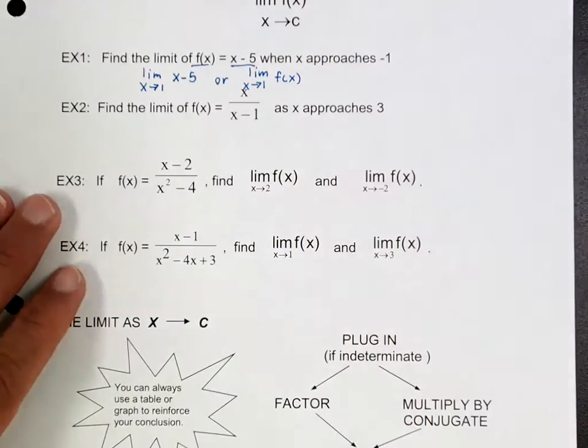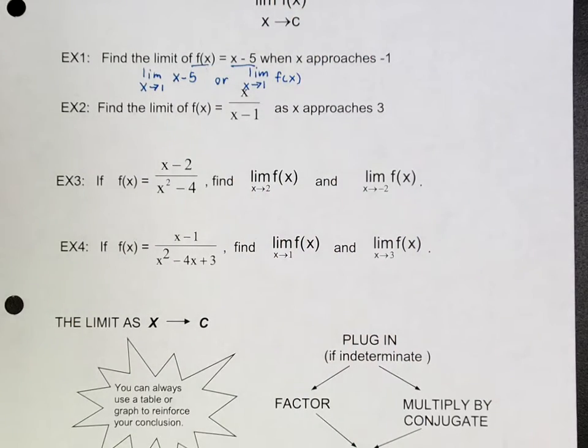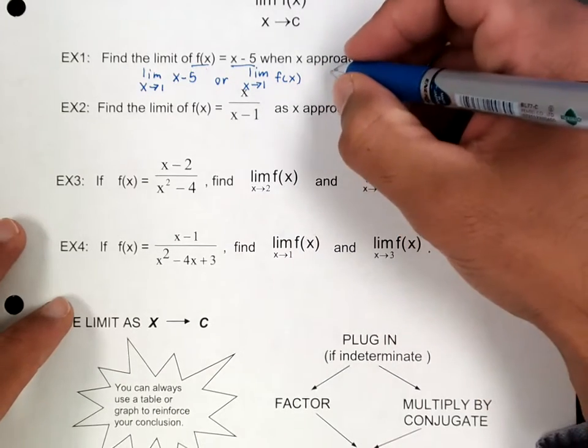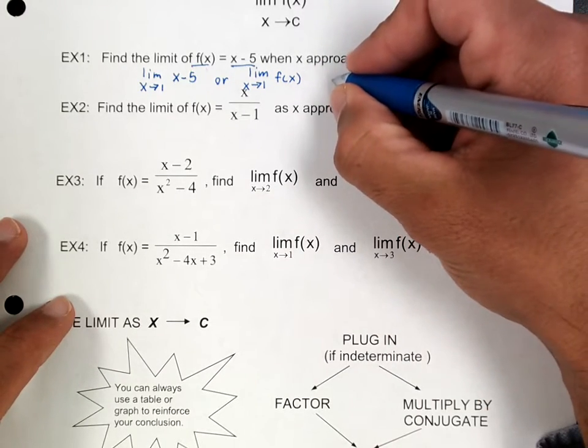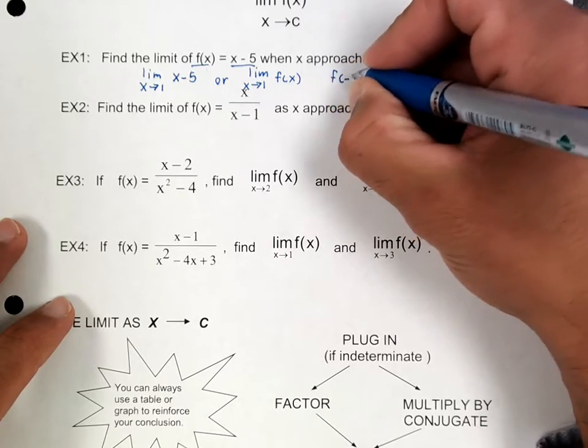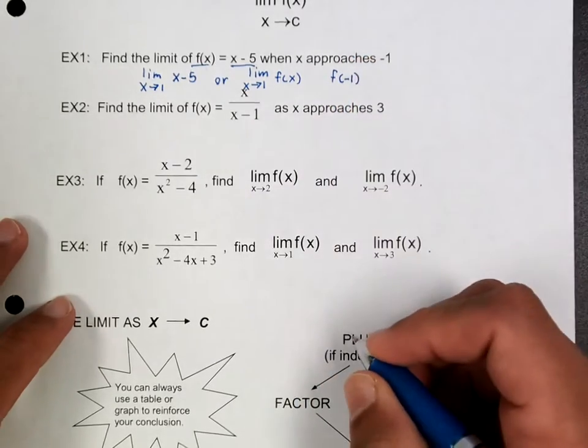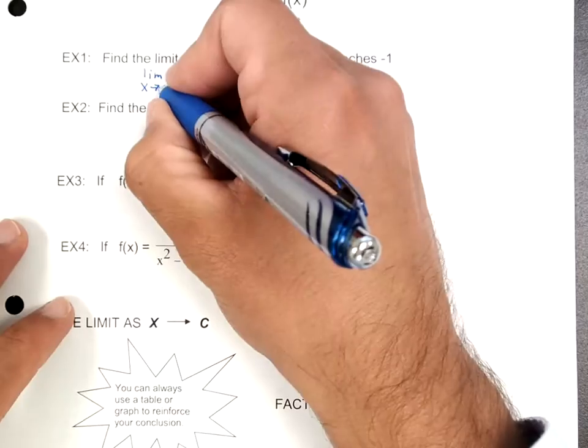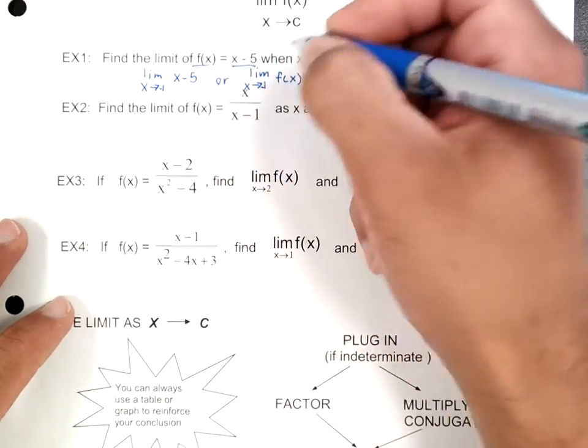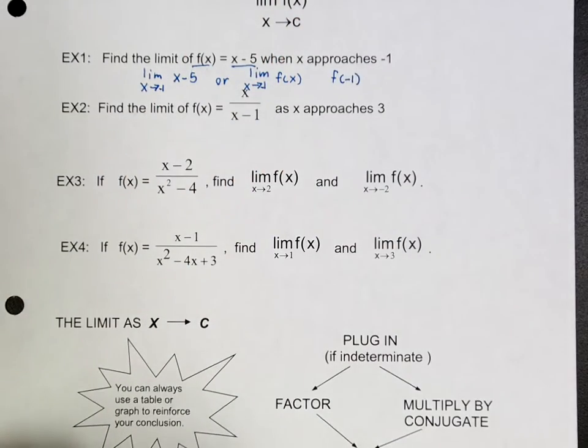The first thing you should always do is plug in and figure out what f of negative 1 is. I'm sorry, I just realized that said negative 1 right there. So we're finding the limit as x approaches negative 1.